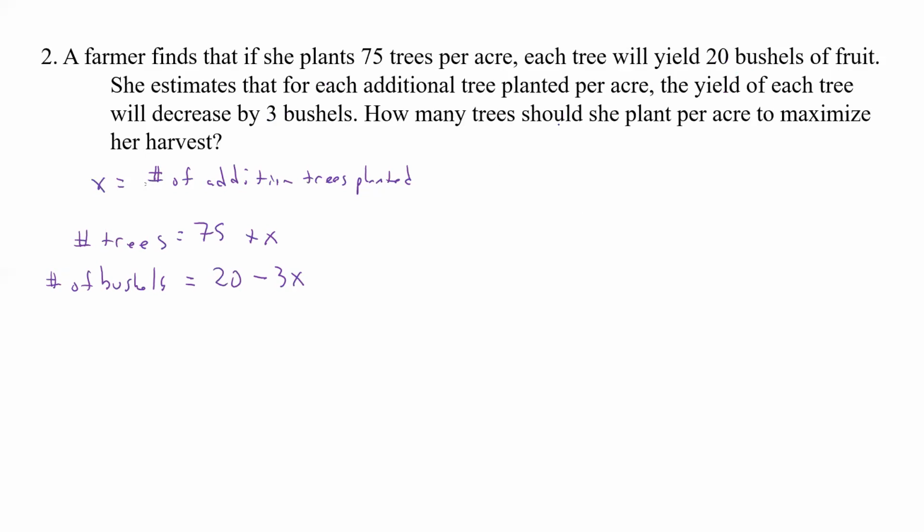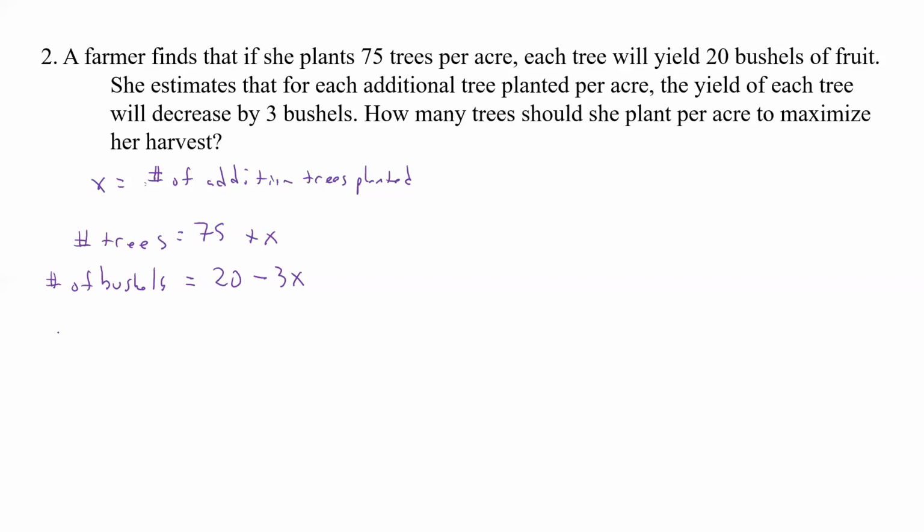And so what we want to do is maximize how many trees she should plant to get the biggest harvest out. How do we figure that out? Well, our max harvest is going to be the trees times the bushels, because each tree is going to produce x number of bushels.